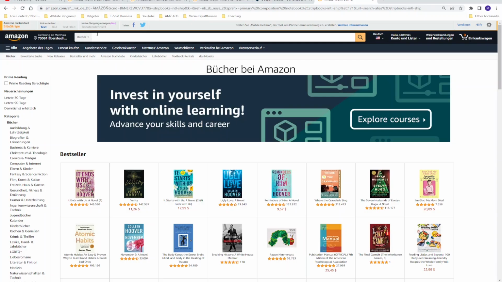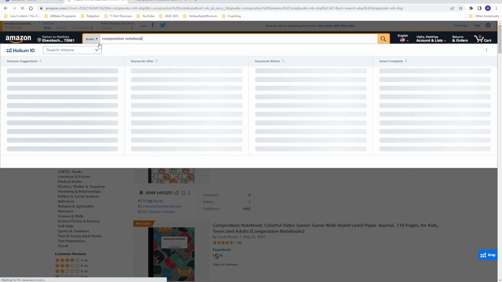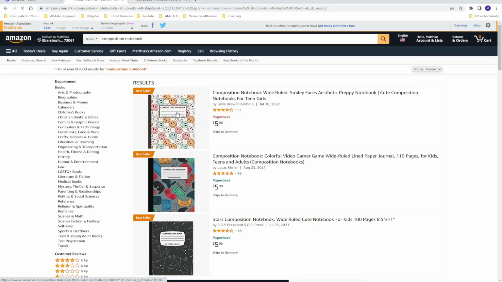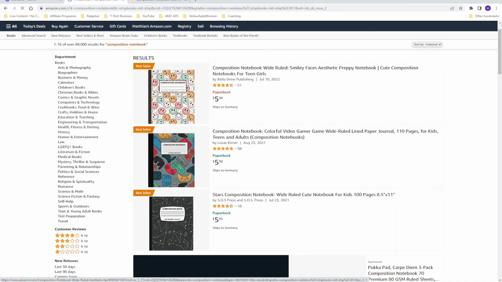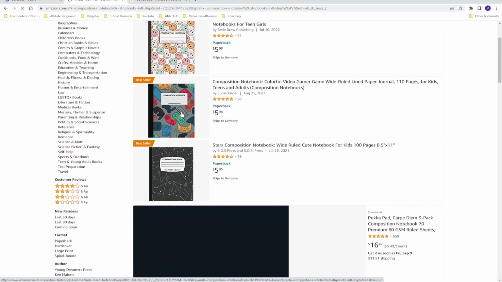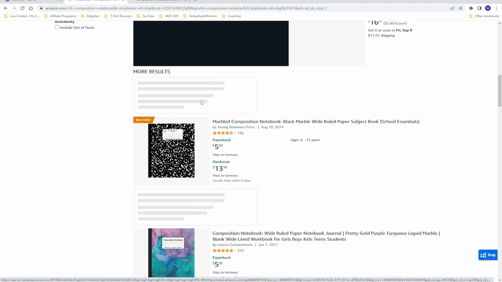Before I show you the most common mistakes, a few things at the beginning. As we all know, cover and title are the two factors that are most important to get the buyer to click on our product. Put yourself in the position of a customer who is looking for a book on a specific topic or keyword. The first thing he sees are these two factors, cover and title.